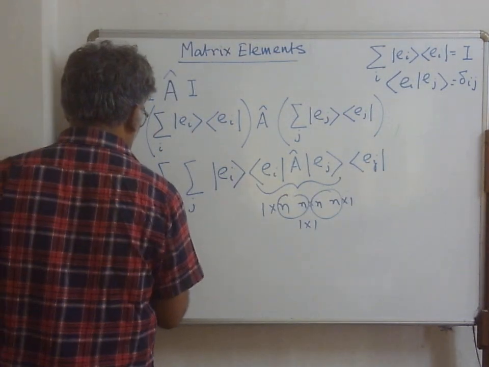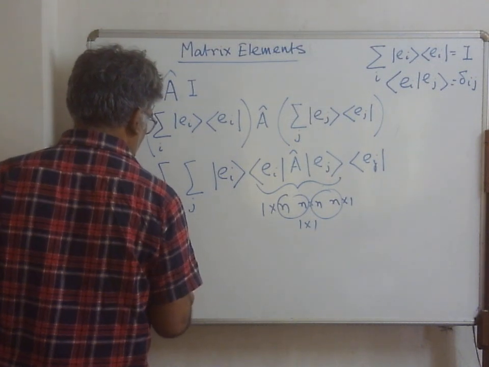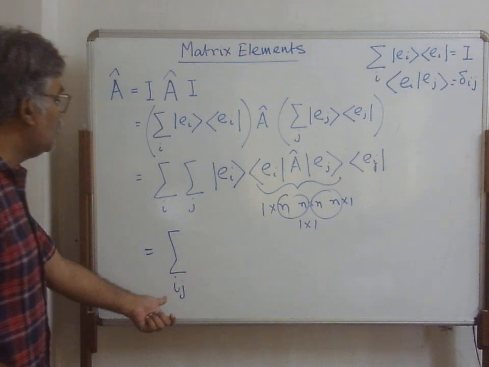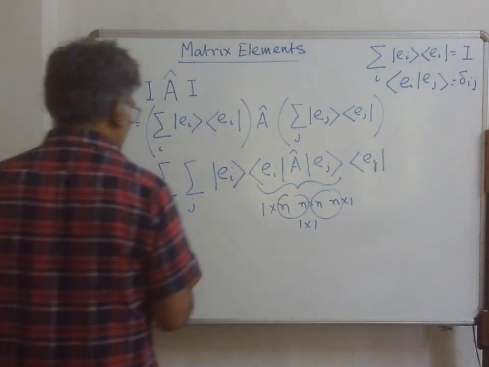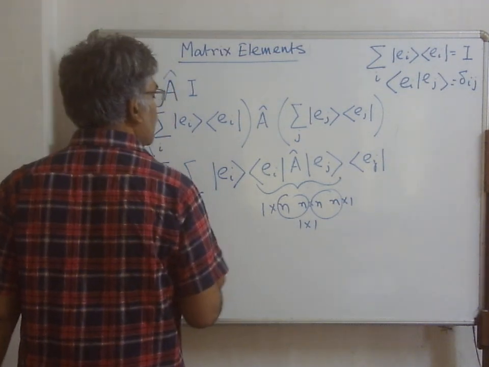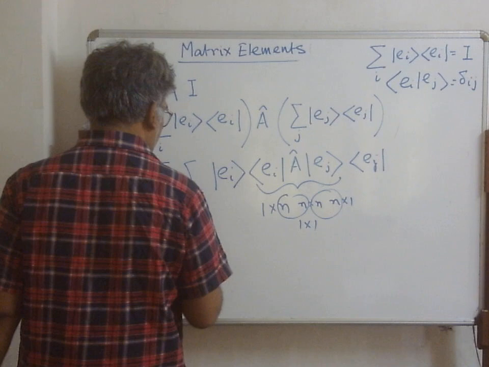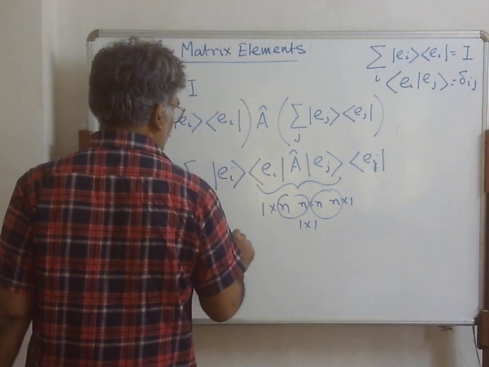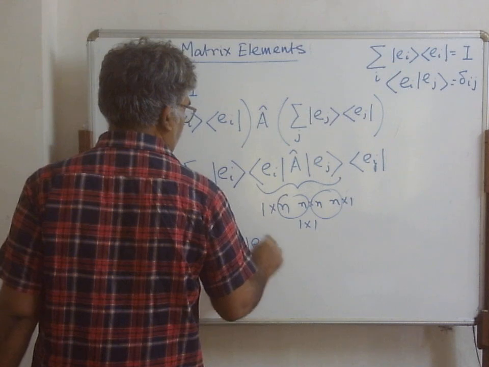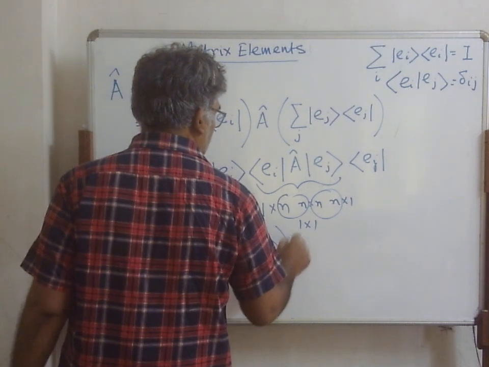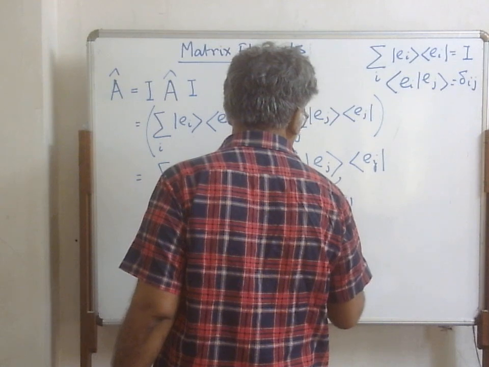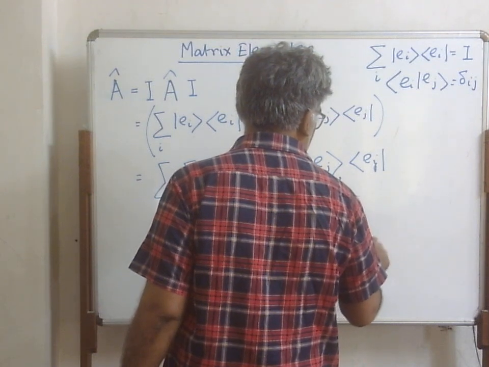So I'm writing it in a different way. I'm writing the two indices in one sum, I think you will not mind, and I'm writing this in front: <e_i|A|e_j> times |e_i><e_j|.